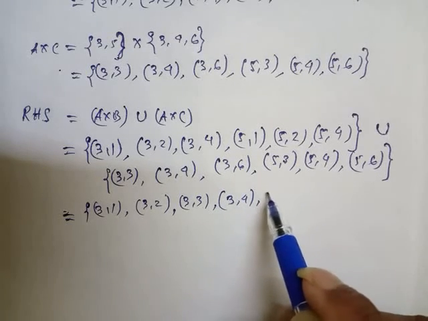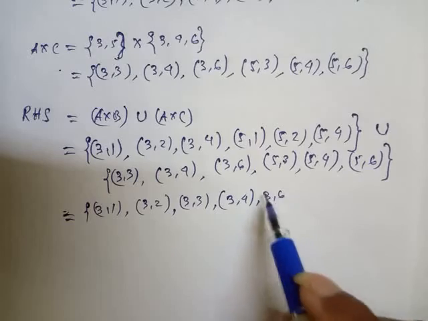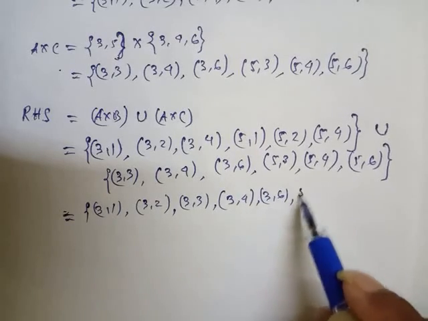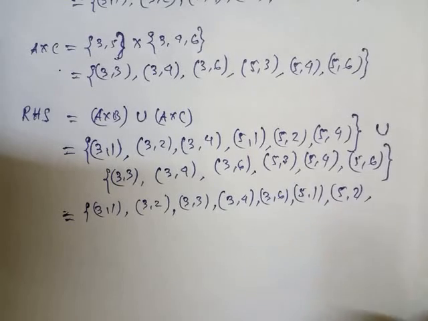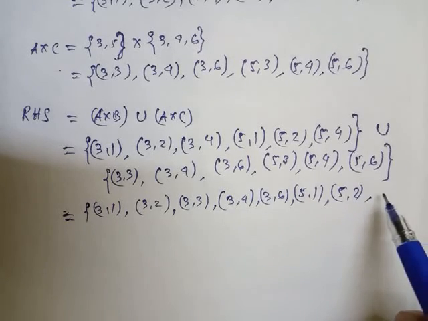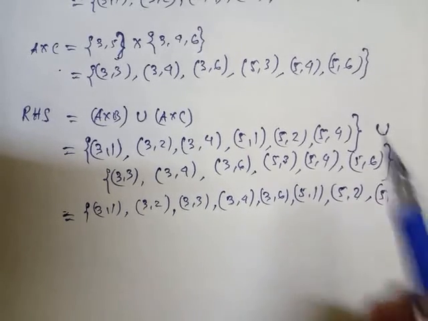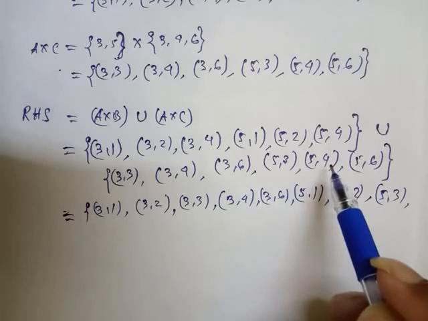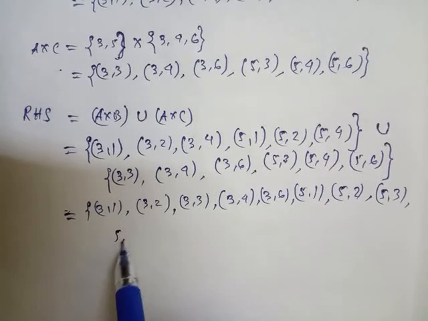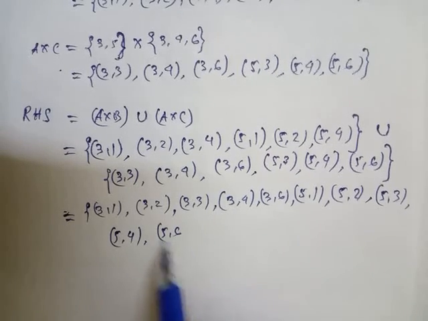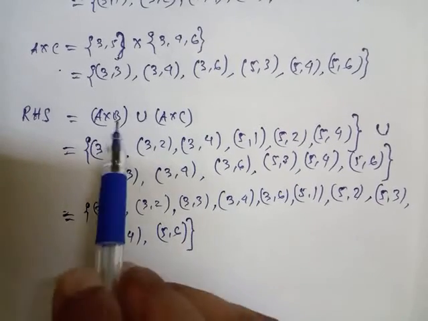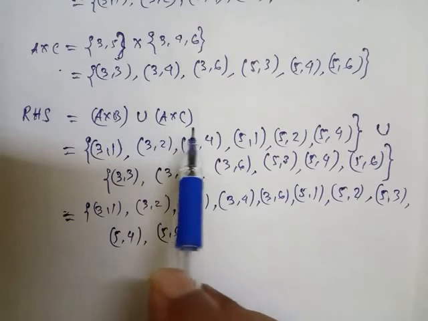Then 3 comma 6, then 5 comma 1, then 5 comma 2, then 5 comma 3. Now look here 5 comma 4 and 5 comma 4 two times, so we'll write only one time here 5 comma 4, then 5 comma 6. This is A product B union A product C.